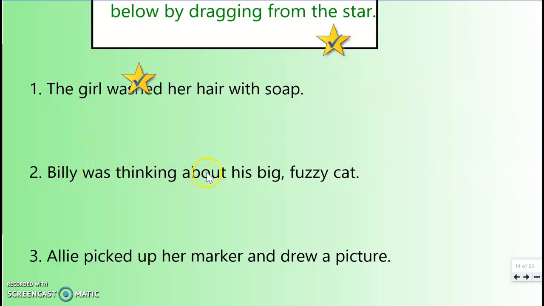Billy was thinking about his big, fuzzy cat. Right? The verb is thinking. Allie picked up her marker and drew a picture. There's actually two verbs in this sentence. The verbs are picked and drew.